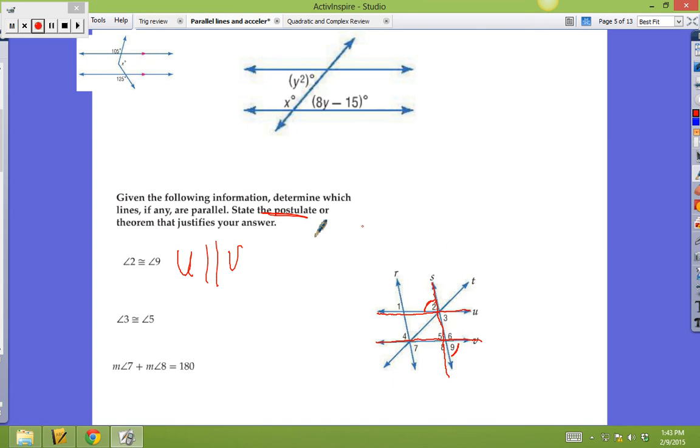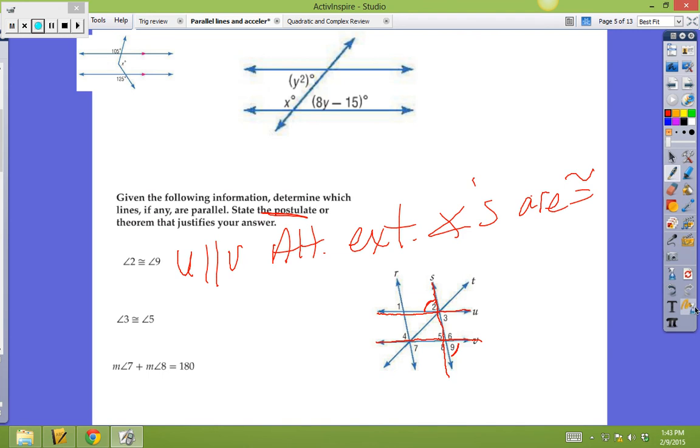So 2 and 9 are congruent because they are alternate exterior angles, and alternate exterior angles are congruent only if the lines are parallel. So that means these lines must be parallel because my alternate exterior angles are congruent.